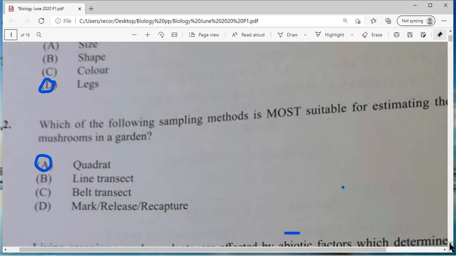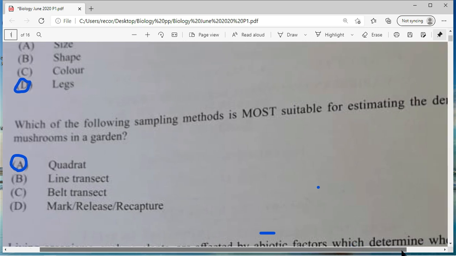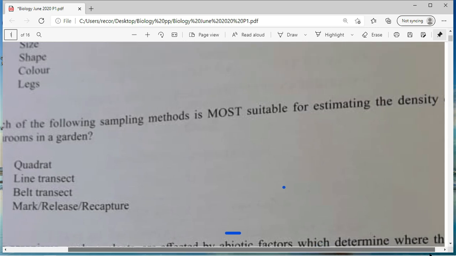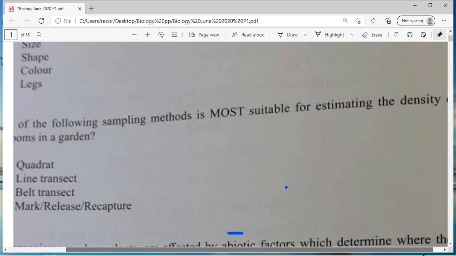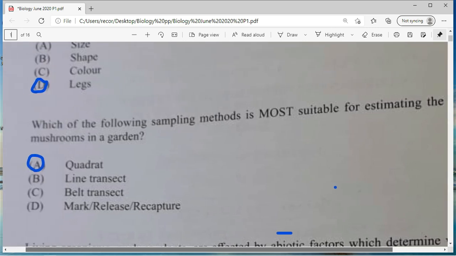For question number 2, which of the following sampling methods is most suitable for estimating the population of mushrooms, I think, in a garden? Of course, that is going to be very easy. The quadrat is the most suitable, as a quadrat is used to sample organisms where we're estimating the density of the mushrooms in a garden.